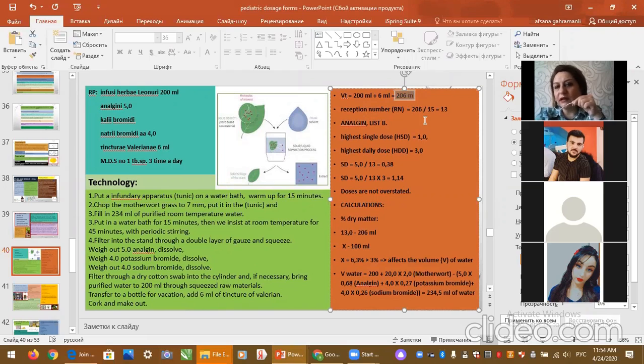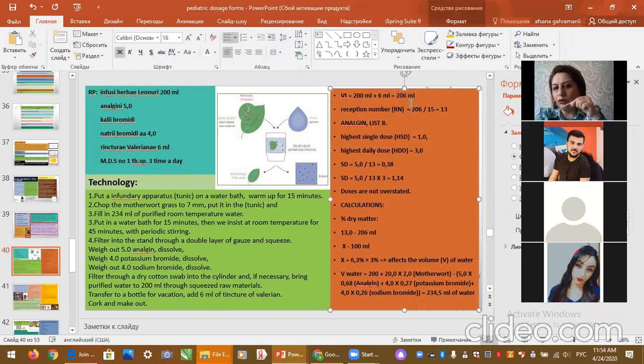After, the second step in calculating, we must divide our total volume by the volume of 1 tablespoon. And we know that the volume of our tablespoon is 15. Yes. For this, we divide 206 by 15 and we calculate 13.